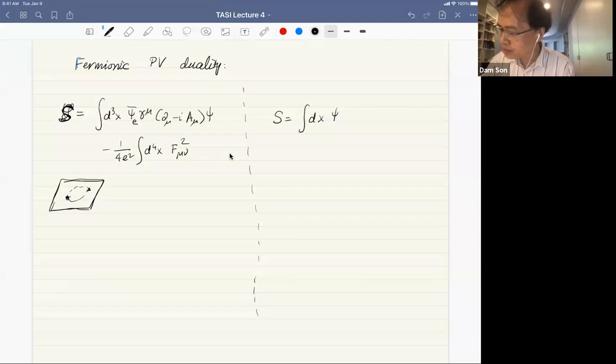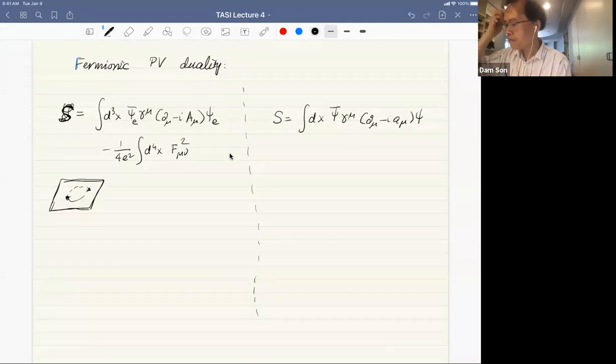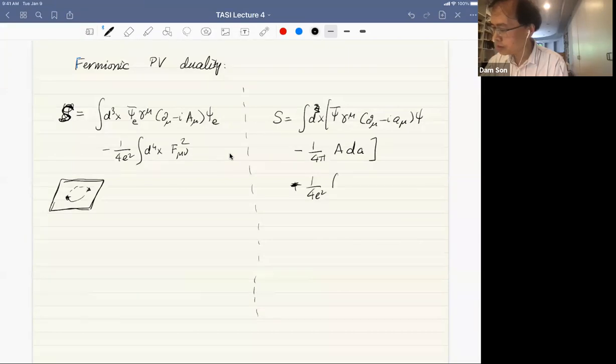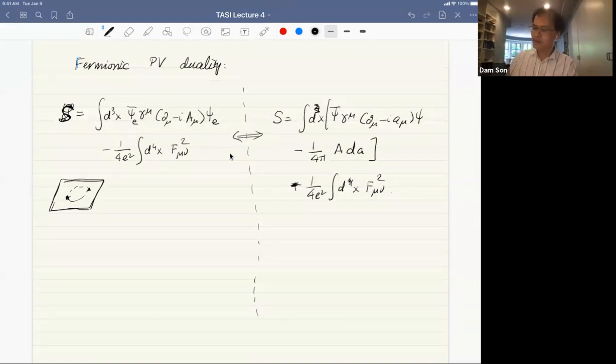let me call that E. Psi E is the electron. Psi bar gamma mu d mu minus i A mu psi, plus minus 1/4 pi ADA, which is three-dimensional, and then again there is this 1/4 E squared term. It would be a remarkable statement if we can make it work, that these two theories are dual to each other.